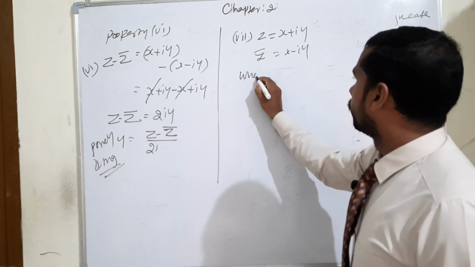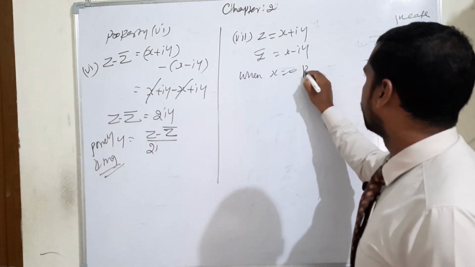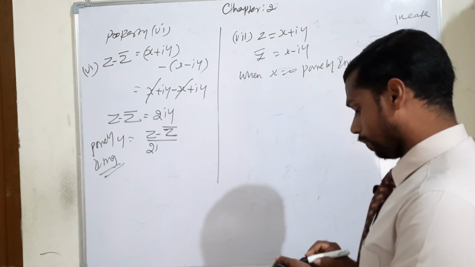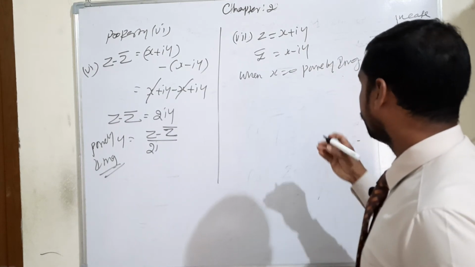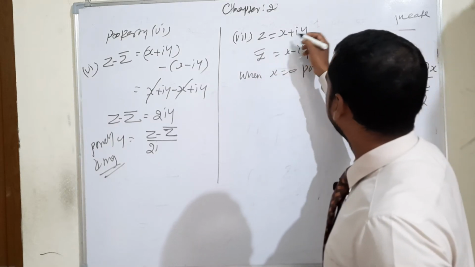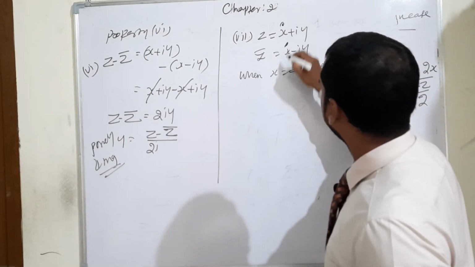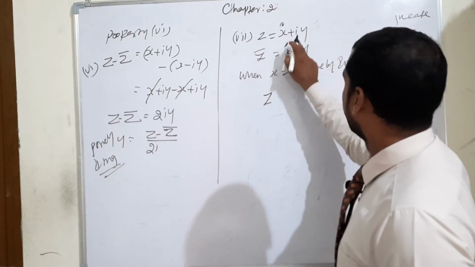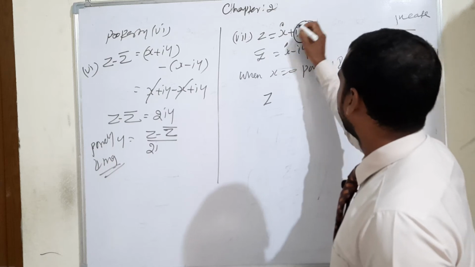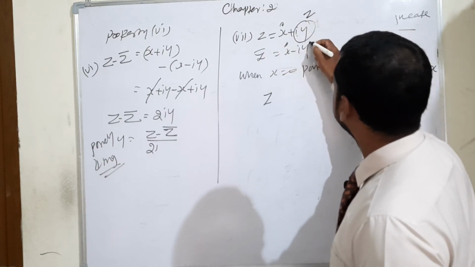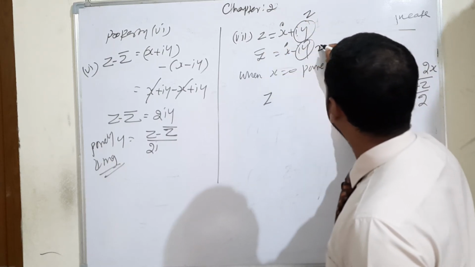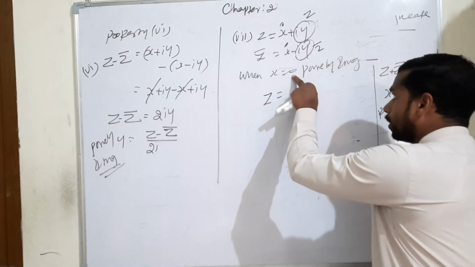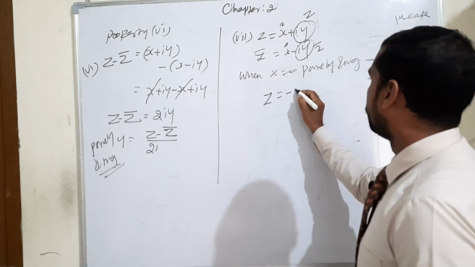When x is equal to 0, that is purely imaginary, so Z is equal to iy and Z bar is minus iy. That's why when x is equal to 0 it is purely imaginary, and the result is minus Z bar.